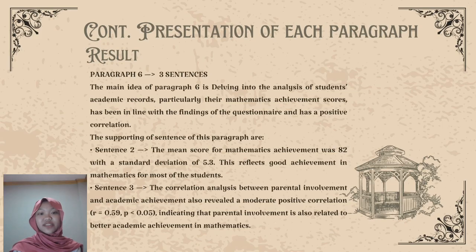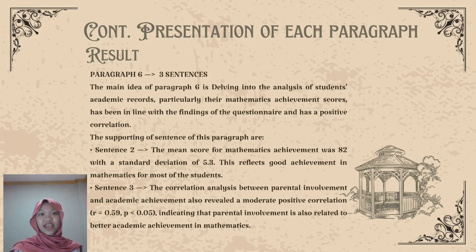The supporting sentences of this paragraph are: sentence 2 contains the mean score for mathematics achievement was 82 with a standard deviation of 5.3. This reflects good achievement in mathematics for most of the students.